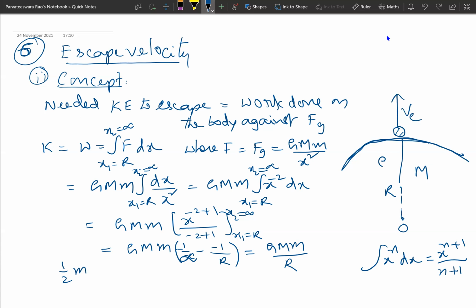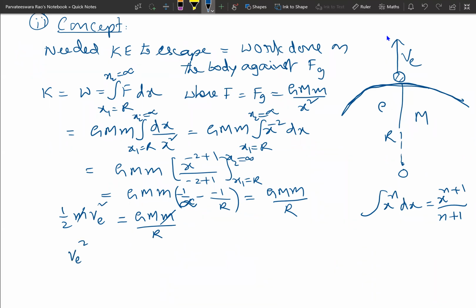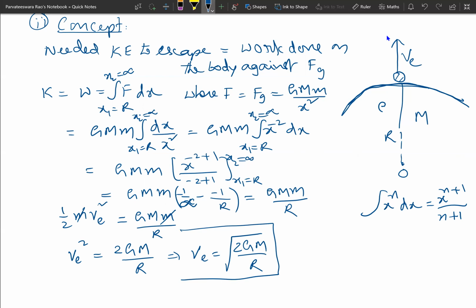So half m V square, the kinetic energy with which it escapes, is equal to G capital M small m by R. If you cancel m on both sides, we'll get V square is equal to 2GM by R, which implies the escape velocity is given by root of 2GM by R. Please copy it.